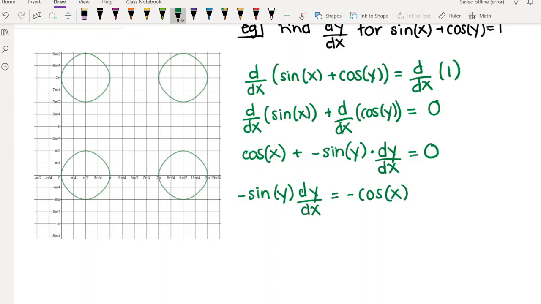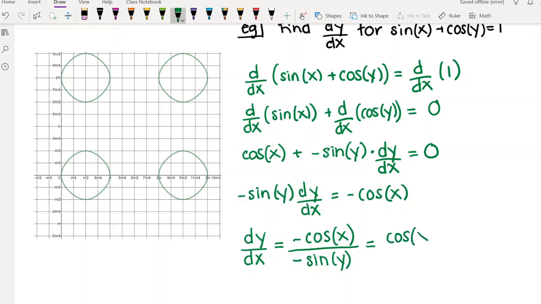And then if we divide both sides by negative sine of y, we get dy dx is equal to negative cosine of x divided by negative sine of y, which is the same thing as cosine of x over sine of y.